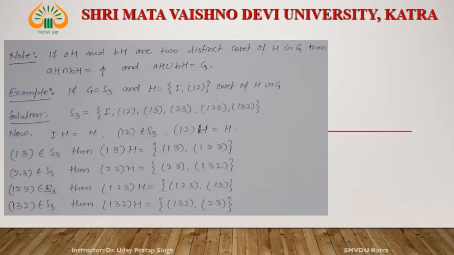Now, we already studied in our BSc class that if aH and bH are distinct cosets, two cosets are either disjoint or identical.